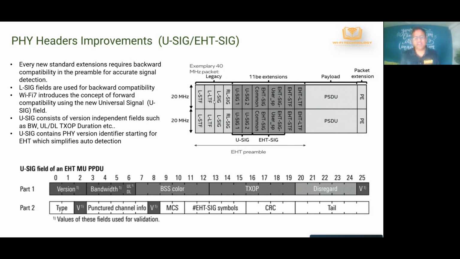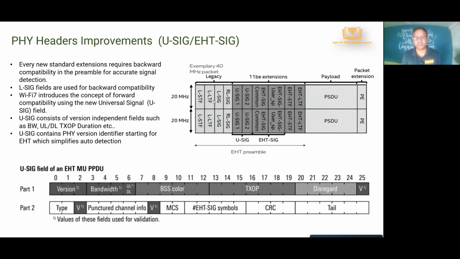The U-SIG field is also designed for forward compatibility, which means that all future standards should be able to identify the version without having to go through the entire training sequence. They can look at what we refer to as a physical version identifier, which is a field. And based on the version identifier, they can identify if it is Wi-Fi 7 or maybe Wi-Fi 8 or maybe Wi-Fi 9 in the future, right?